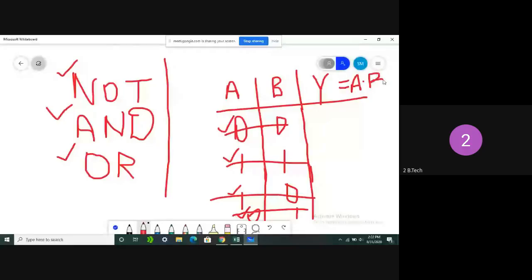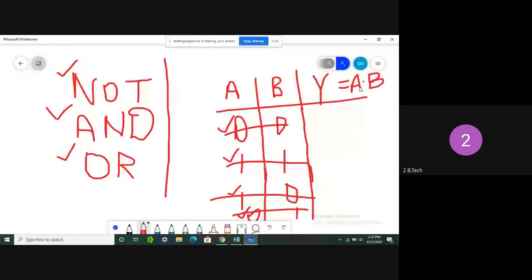So if you want to perform the AND operation between A and B, the output is A into B, which is similar to multiplication.